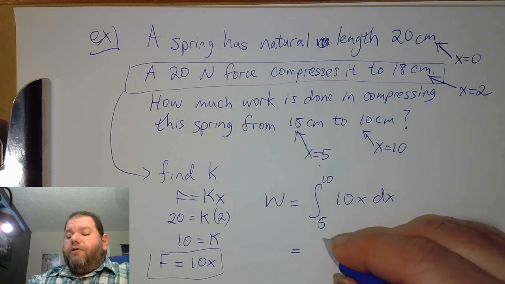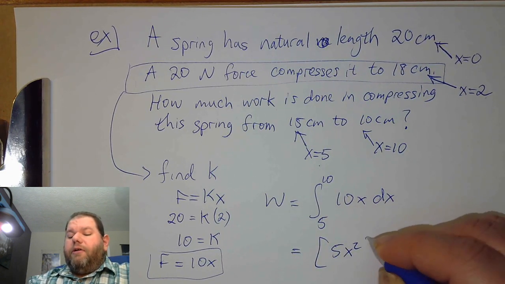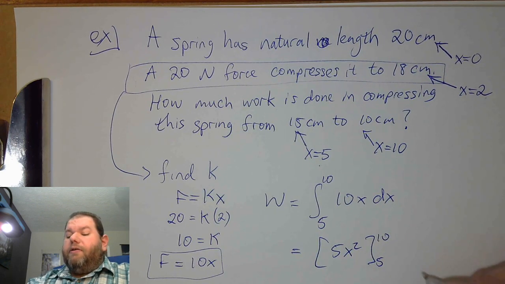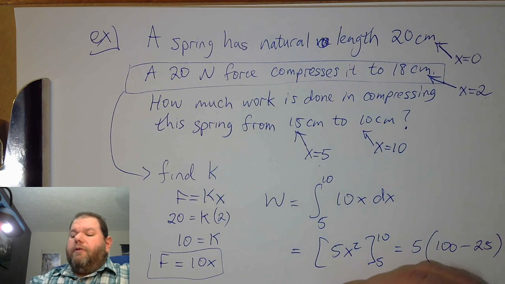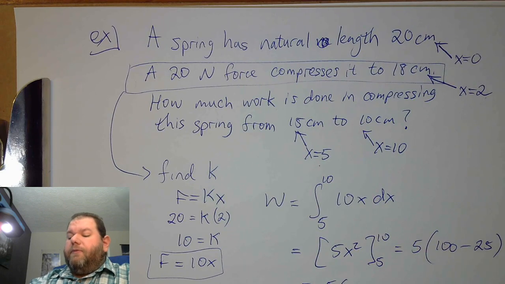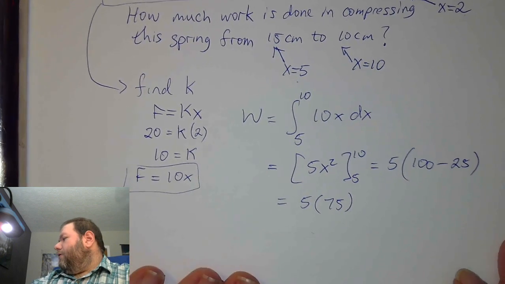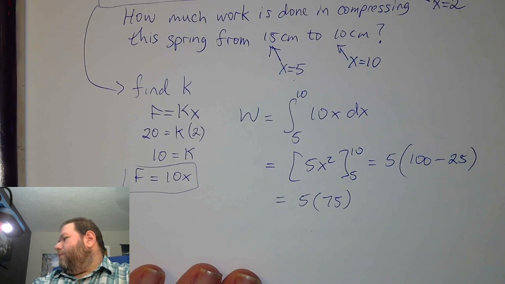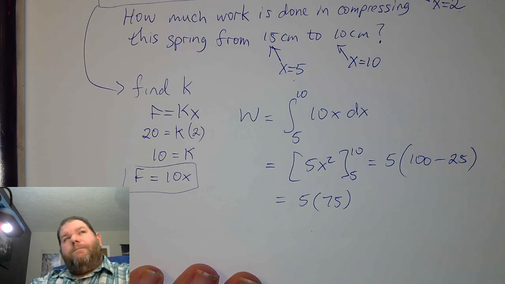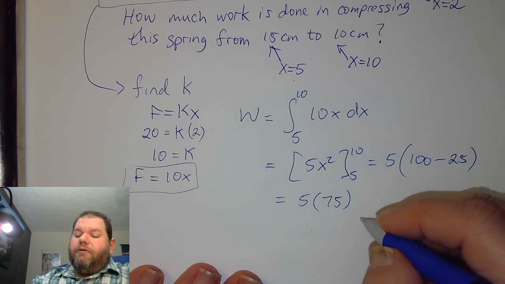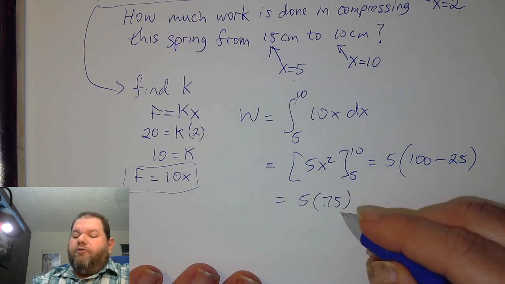So we do our integration. So it's 5x squared from 5 to 10. So we end up with 5 times, what is it, 75? Was that 375? 350, 25, 370.